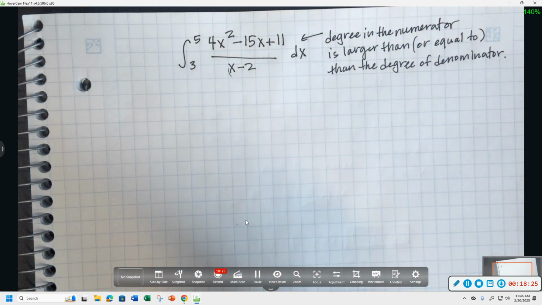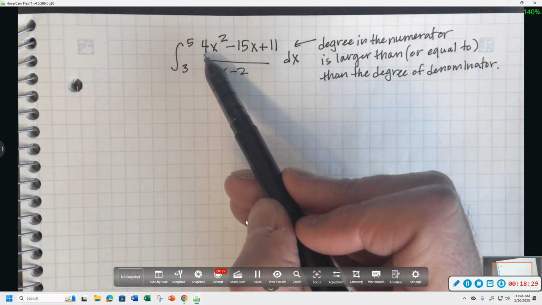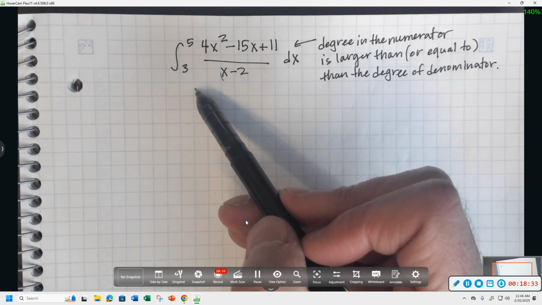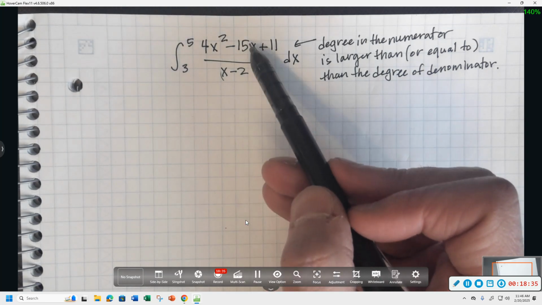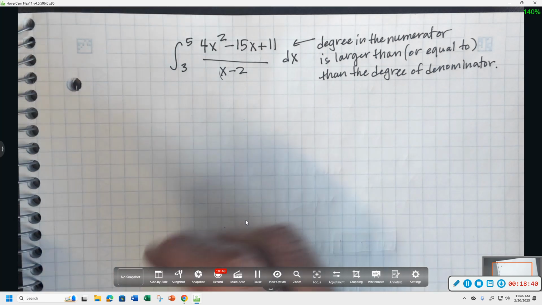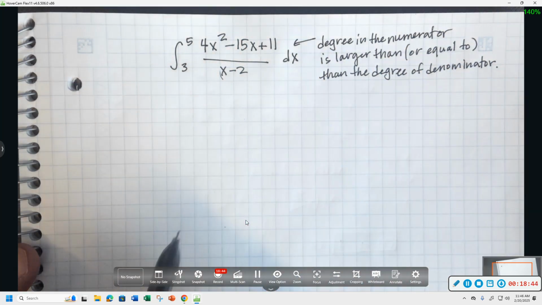So this is a potential strategy that we can use. We can't just break it up into 4x squared over x minus 2. That's not going to really get us anywhere, like over minus 15x over x minus 2. Not going to go very far. We need to have a way to write this in a different form that we're able to integrate.